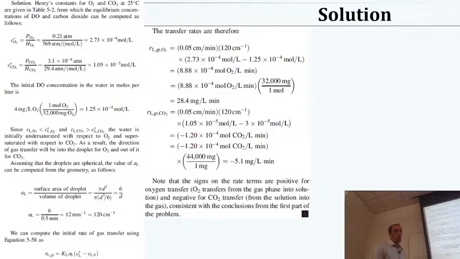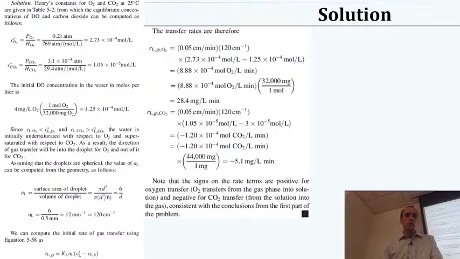That's where the book starts, and we get 2.73 times 10 to the minus 4 moles per liter, assuming that was the oxygen, and for the CO2, 1.05 times 10 to the minus 5. Now we compare those to the actual concentration we were given in the liquid phase.